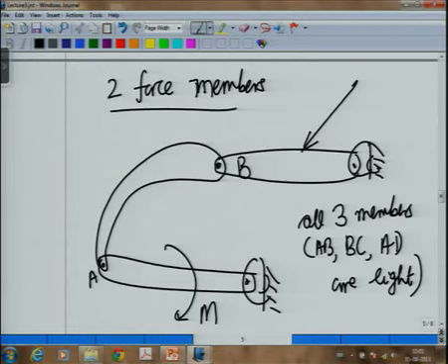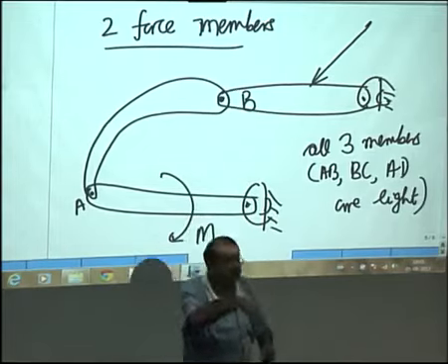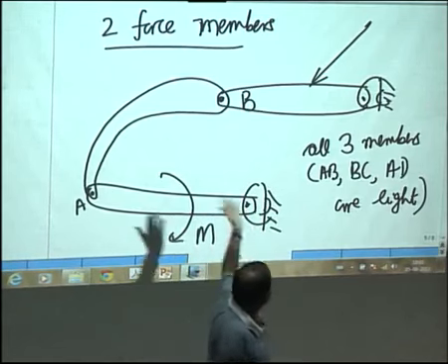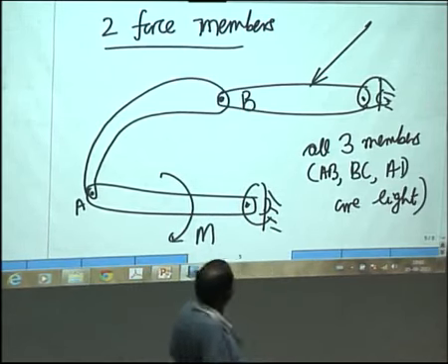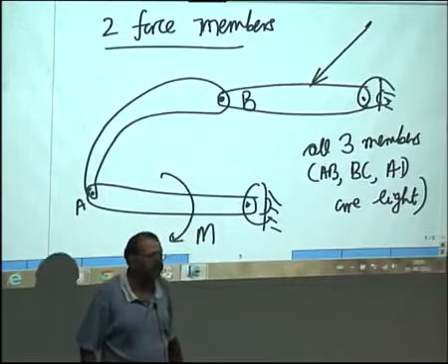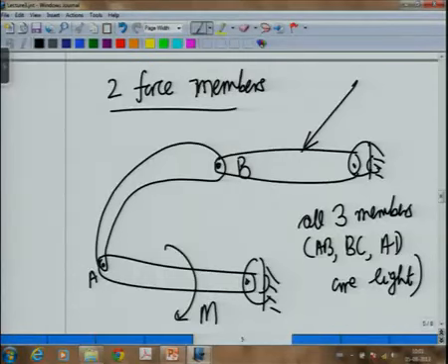However, when I draw the free body diagram of AB, what do I find? That there are forces acting at A, Ax and Ay, which may be opposite of what you have shown here, and similarly a force acting at B, which is opposite of what you have shown acting on BD. But that means, in the free body diagram of AB, I get only 2 forces which are acting at 2 different points.